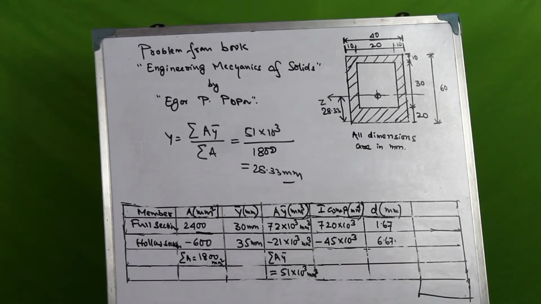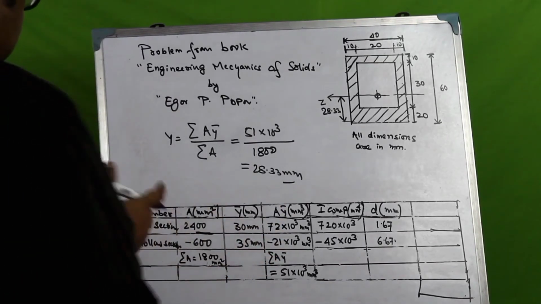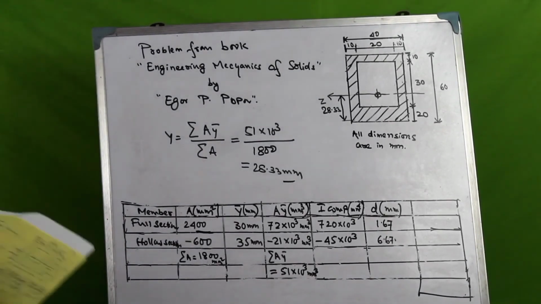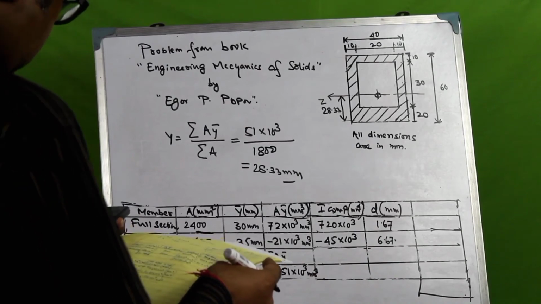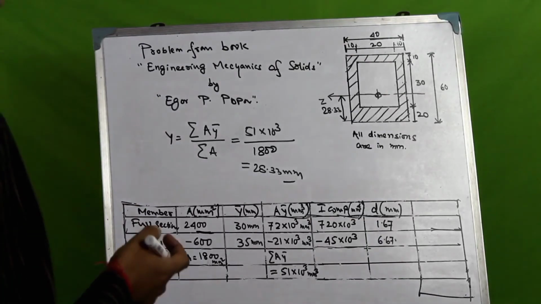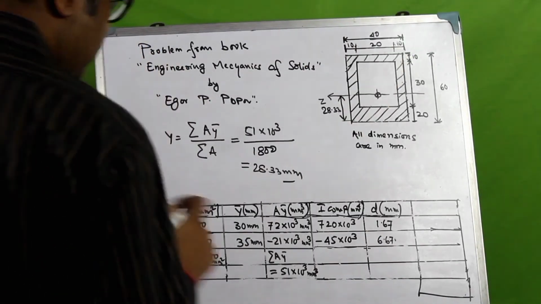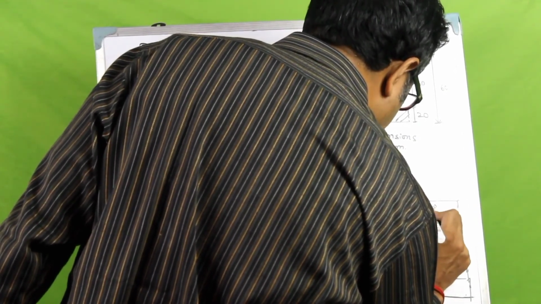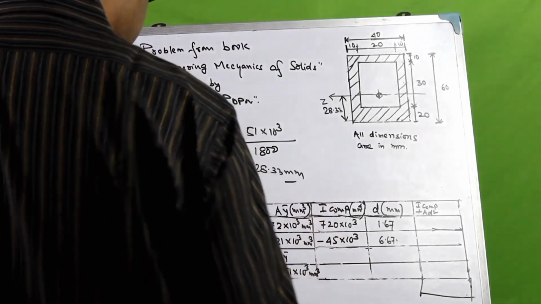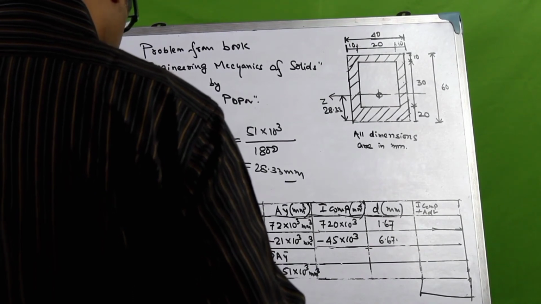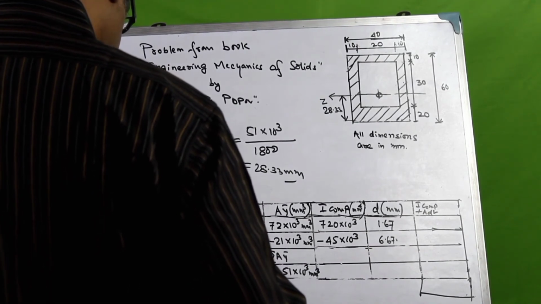Now we need to find the inertial contribution of these individual components. We want to calculate the contribution of the moment of inertia of all these individual components. So it would be I component plus A into D square. The I component for this is 720, so it would be 720 into 10 cube, right?